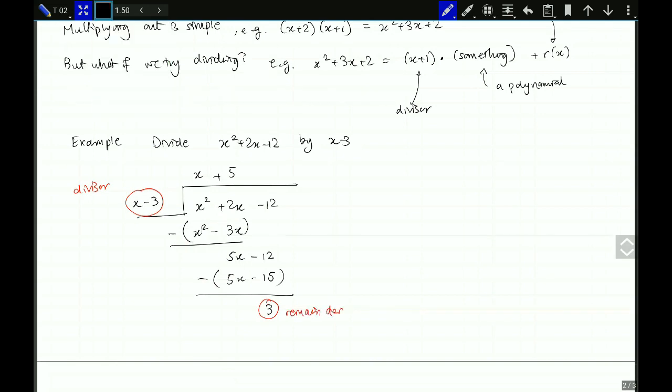So what we have is that our original polynomial is equal to x plus 5 times x minus 3, or the other way around. Let me write it in the same way as I did earlier. The divisor times what we figured out, but there's a remainder term.